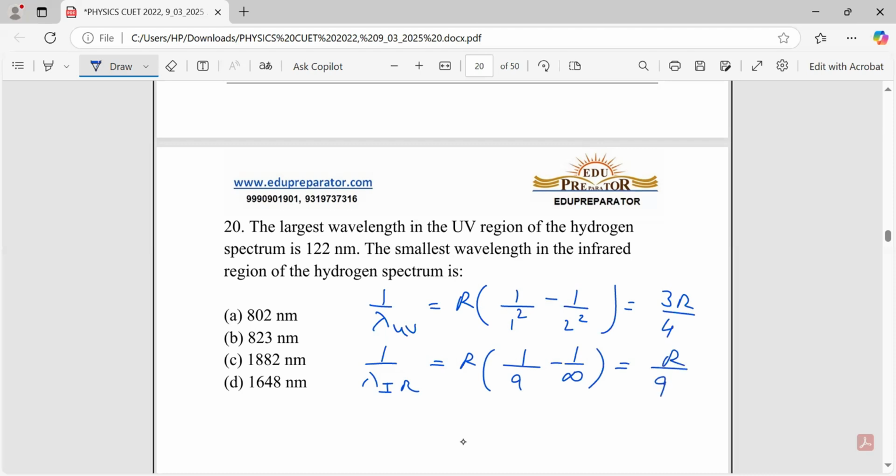If you simplify, the wavelength for the infrared region will be equal to 9 by R. So that is equal to 9 into 3 by 4 into the wavelength given, 122 nanometer. If we simplify these relations, we get 823 as the answer.